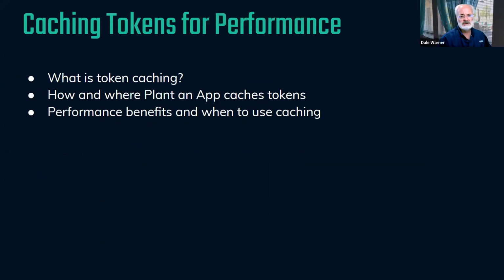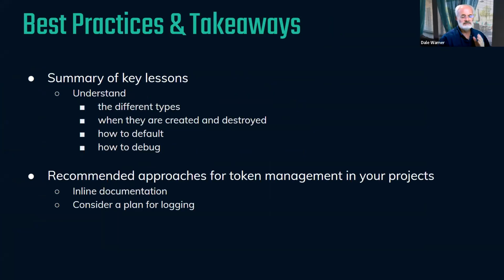Token caching for performance we've dealt with in other places. I'm not going to jump into that today. So I'll leave it. When you see this in replay, there'll be a summary of the key lessons that were here. One of the things I mentioned along the way, as a recommended approach, is inline documentation.